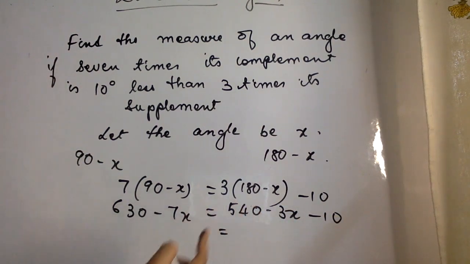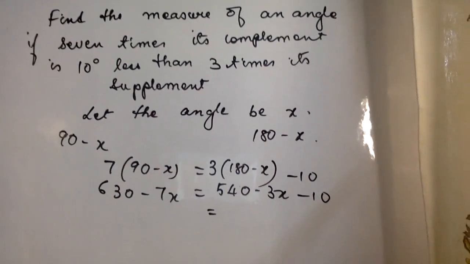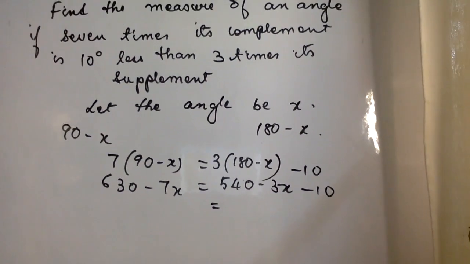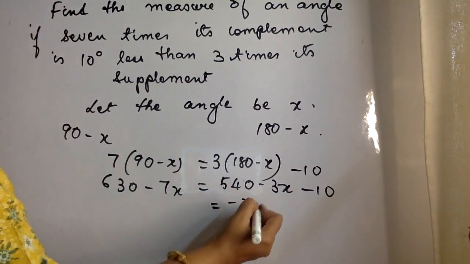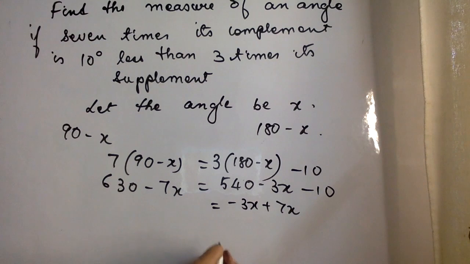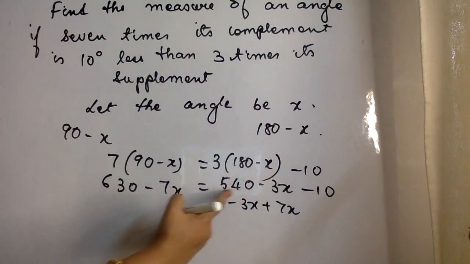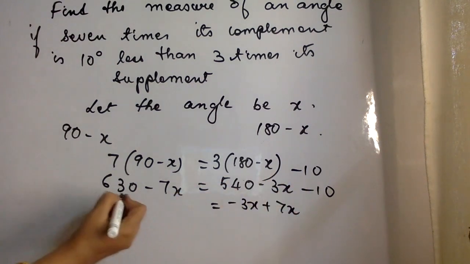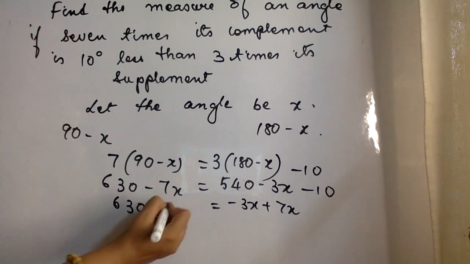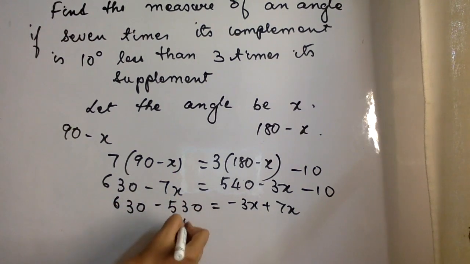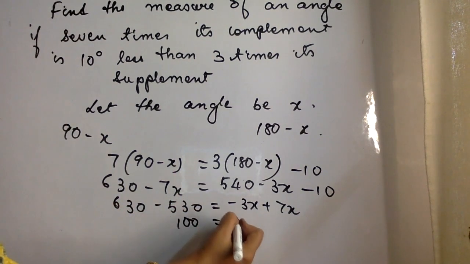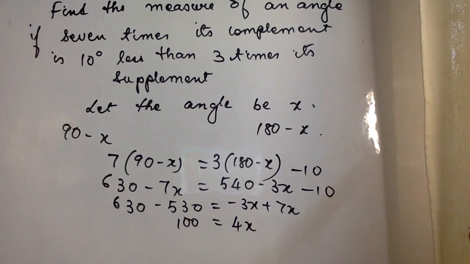So if I take the 7x that side, then I can make the x positive. So this is minus 3x plus 7x, and this becomes 530. See, 540 minus 10, 530. 630 minus 530 is 100, and this is 4x, right?